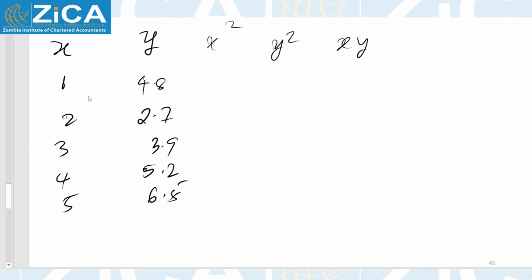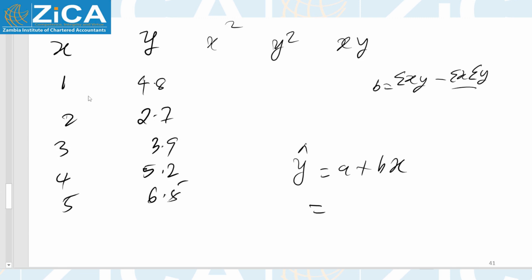And you fit now the line as y hat, which will be equal to a plus bx. In the same way, the value of b is the one you start with: summation of xy minus summation of x times summation of y over n, and then over summation of x squared minus summation of x, all squared over n.